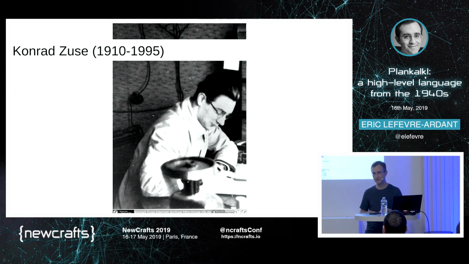Konrad Zuse was a design engineer in an aircraft factory before the war, and that required him to perform lots of routine calculations by hand. So starting from 1936, he started to design computers, and he designed three important computers between 1936 and 1945, using basically the same general computing principles.